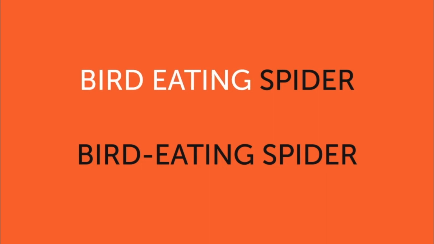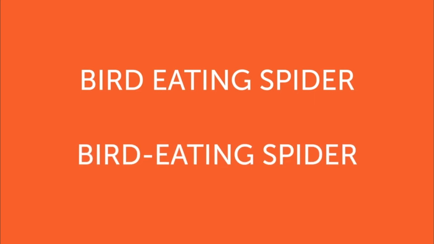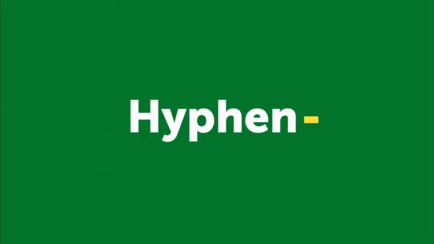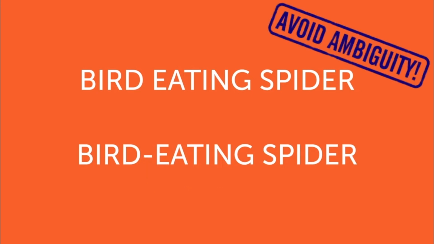Bird eating spider. Bird-eating spider. The difference is the hyphen. Hyphen. Using a hyphen to link two words can change the meaning of those words or phrase and can avoid confusion. In other words, avoid ambiguity.